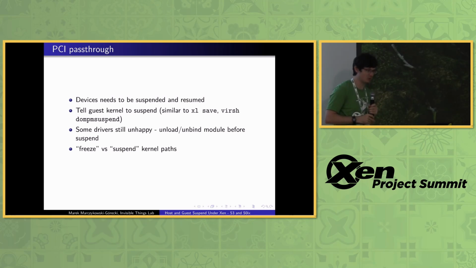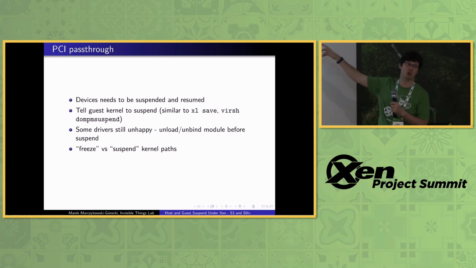So that was a problem. For a long time we had a workaround to unload the drivers in a guest before suspending the host and load them back after resume. It worked most of the time.